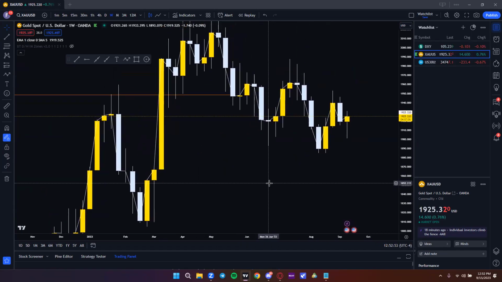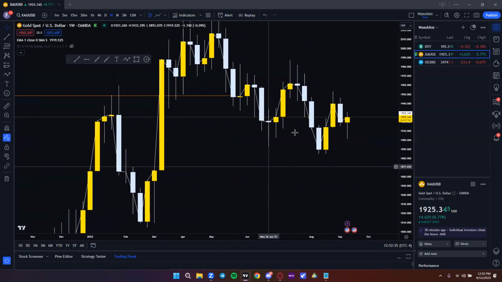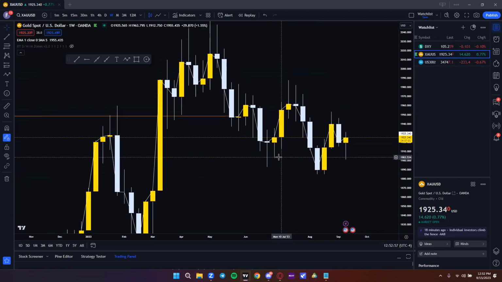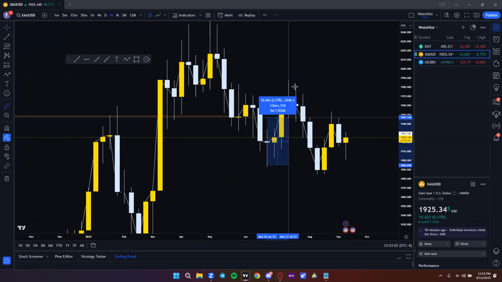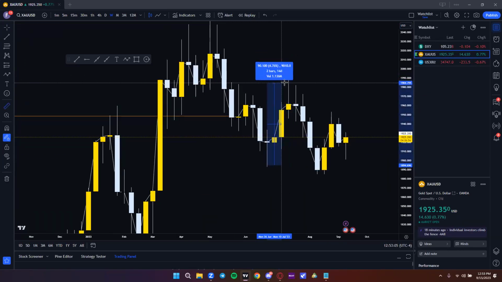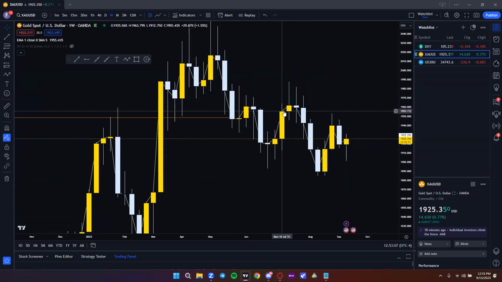So we expect a pullback in the form of a bullish run, and even if it's a big 100 pip, 1,000 pip move up, that doesn't mean that price is bullish, but it's going to be bullish for a couple days or a week or two.